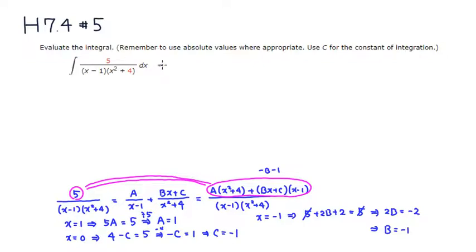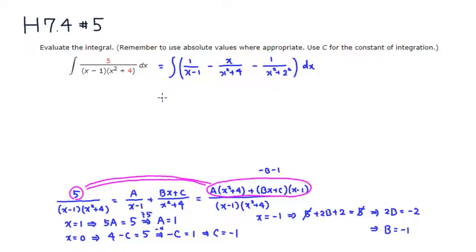So this is equal to the integral of, A is 1, so 1 over x minus 1, and B is negative 1, so negative x over x squared plus 4. And C is also negative 1, so negative 1 over x squared plus 4. I'm going to write 4 as 2 squared, with respect to x.